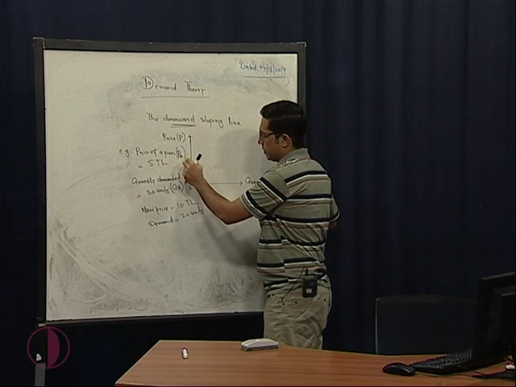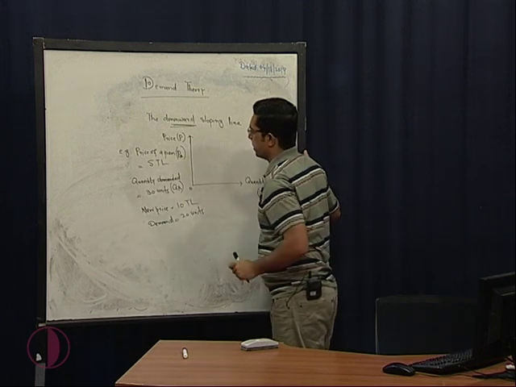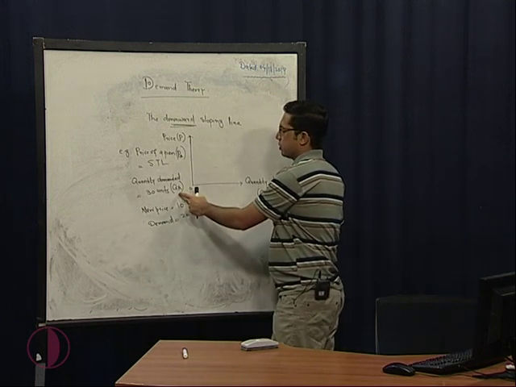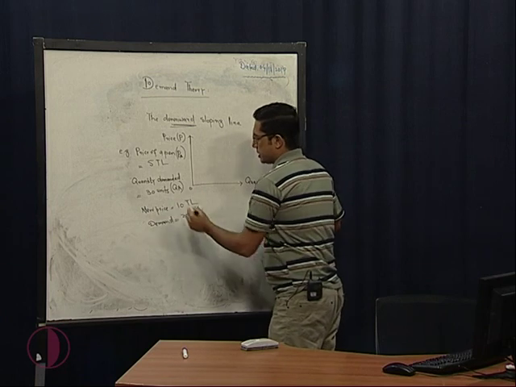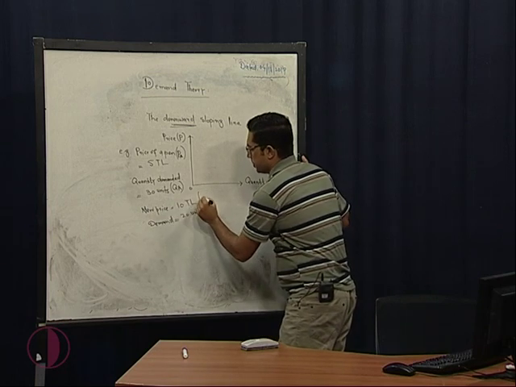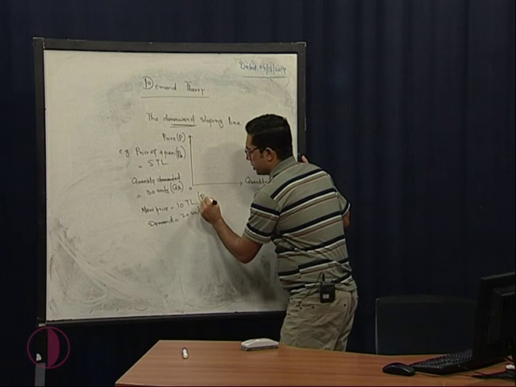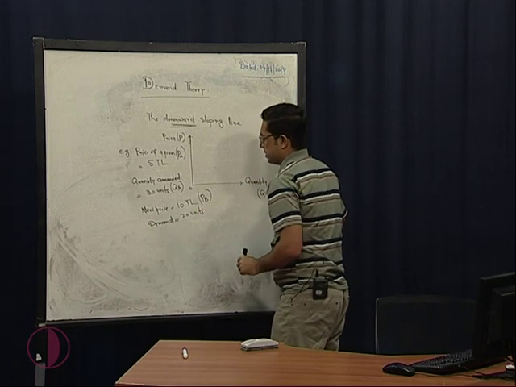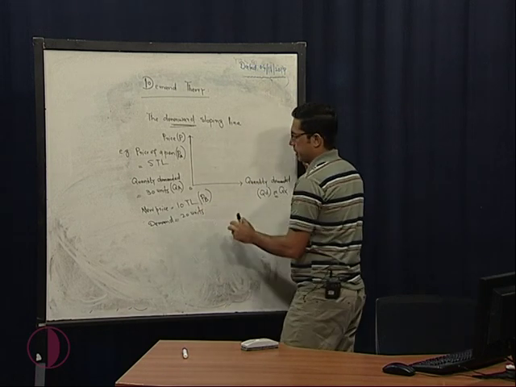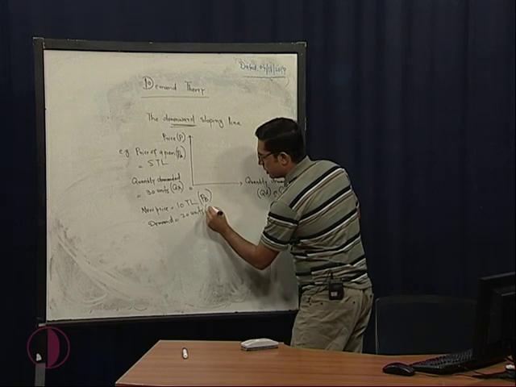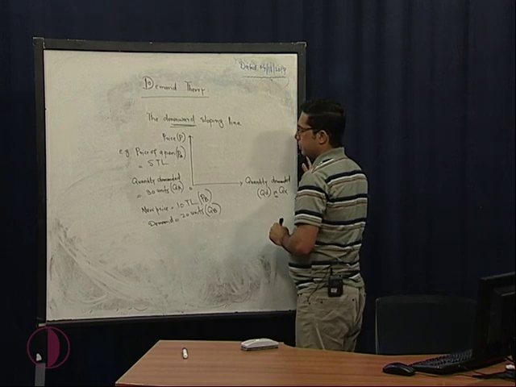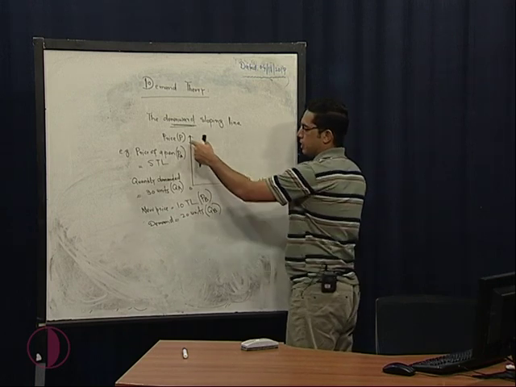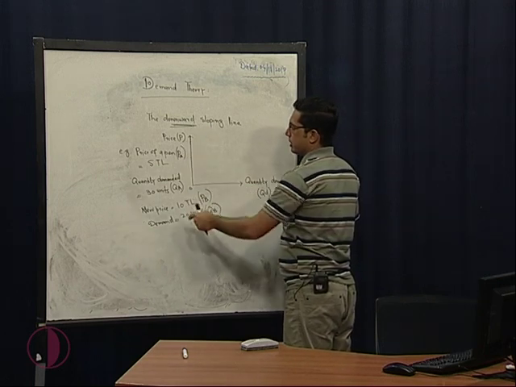So this is the original price. We are denoting the original price as PA, and this was the original quantity QA. This is the new price. For example, I am denoting the new price with PB and quantity demanded QB. On the vertical axis we will draw the price.